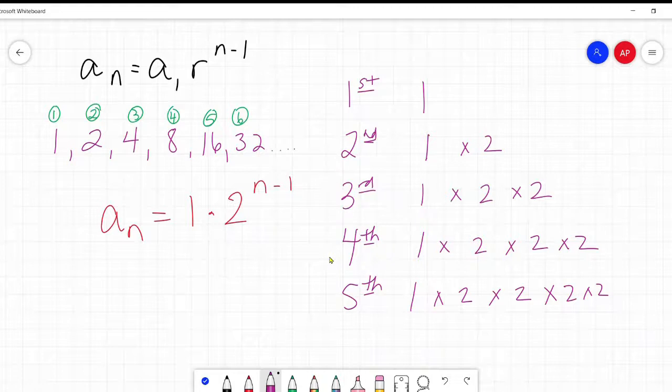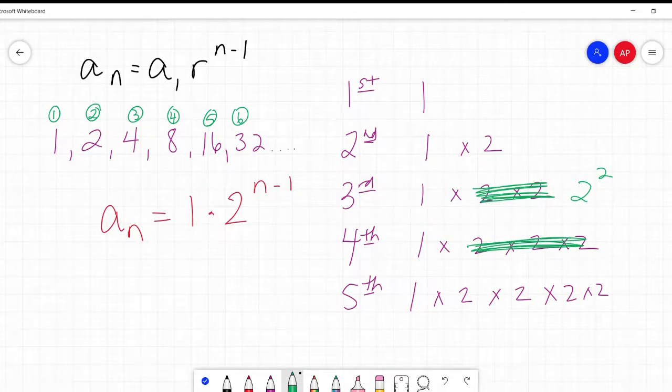So let's see what we can replace here. I can replace 2 times 2 with 2 squared. 2 times 2 times 2 is the same as 2 cubed. 2 times 2 times 2 times 2 is 2 to the 4th.